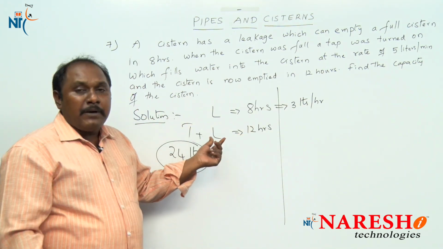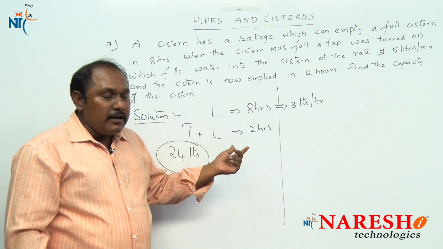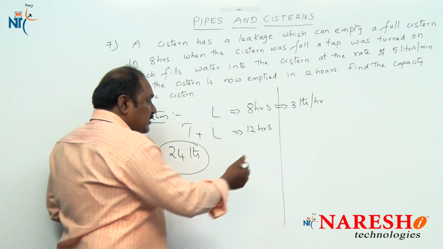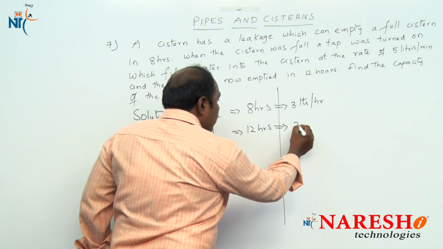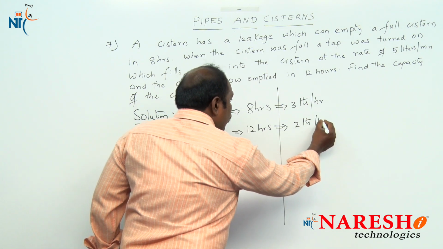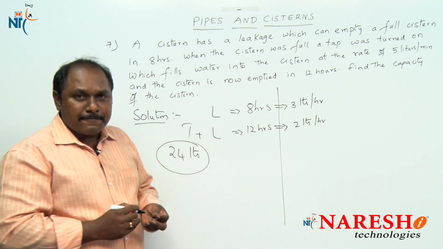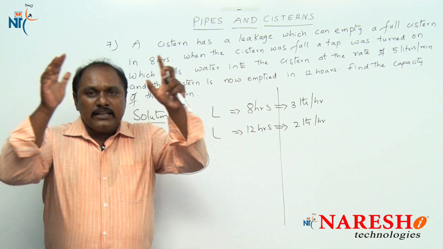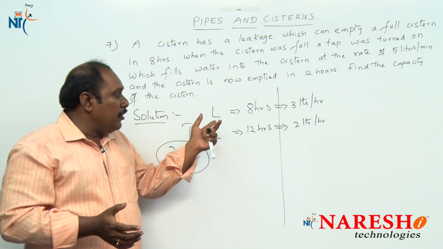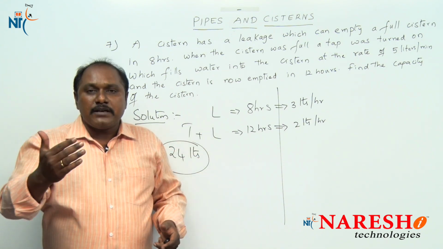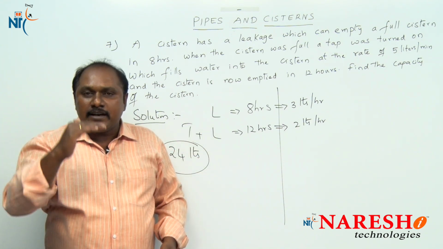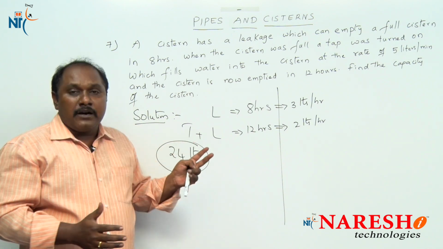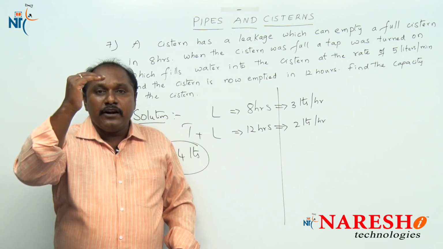Now if a tap is opened, the cistern will be emptied in 12 hours. That means if a tap is opened, per hour only 2 liters is emptied. Tank is full. If I open only leakage, as every hour passes by, 3 liters will reduce in the tank. But if a tap is opened, only 2 liters will reduce in the tank.